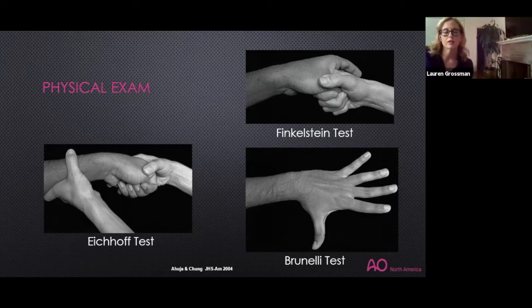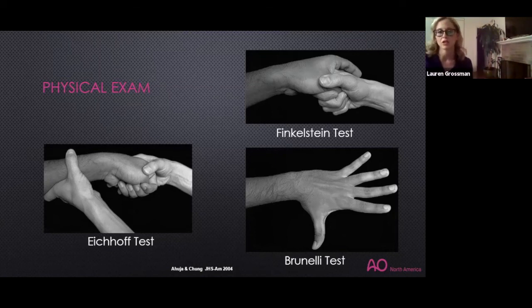If you look at the top right-hand side, the Finkelstein is basically instead of having the patient hold their thumb in their fist, you're taking their thumb, holding their thumb, and doing the same maneuver. It's just not adding the added tension on the area. So the Eickhoff, if a patient has a chronic tenosynovitis, would probably cause the patient the most pain, whereas Finkelstein would be a little bit less painful.